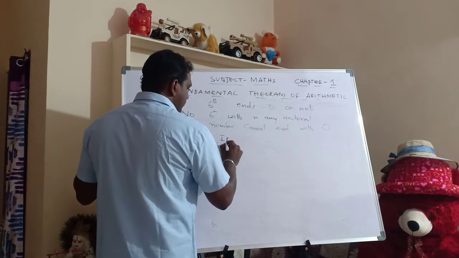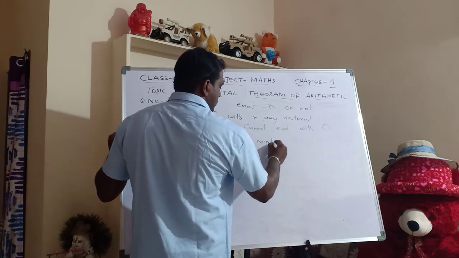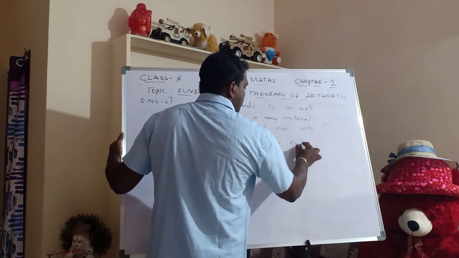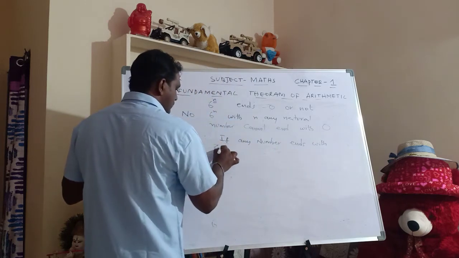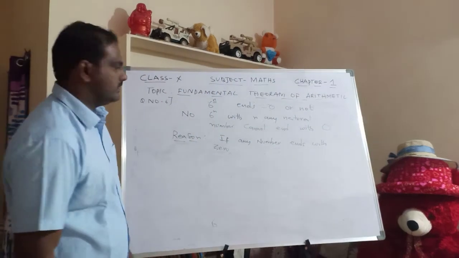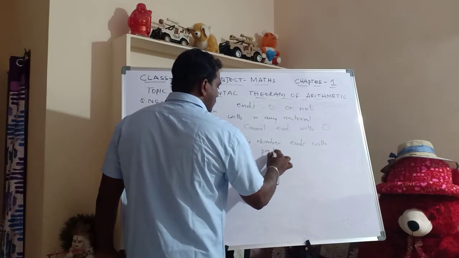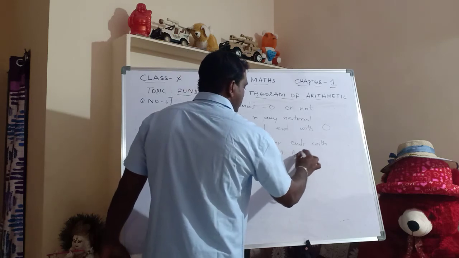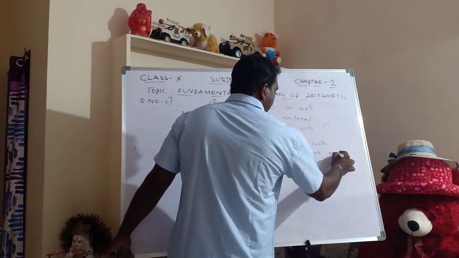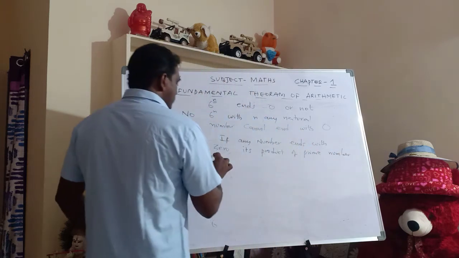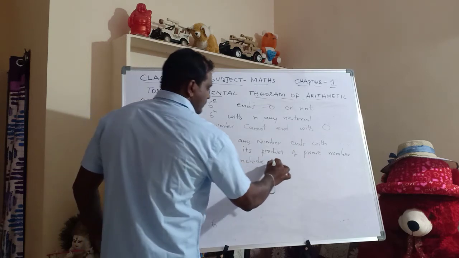If any number ends with 0, its product of prime numbers will include 5.